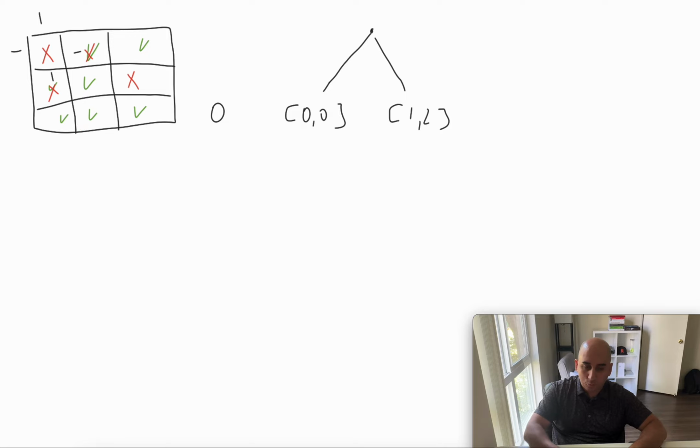So this one becomes rotten and this one too. The coordinate of this one is 0 and 1, and this one is 1 and 0, right?